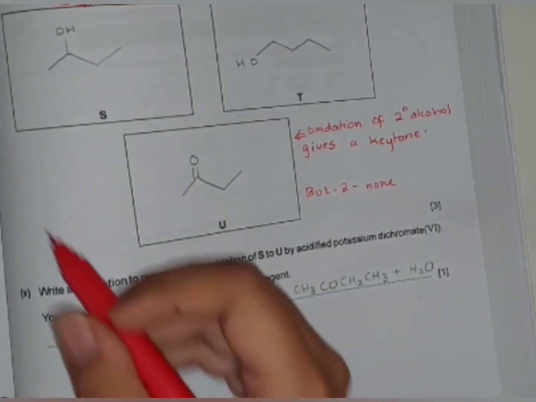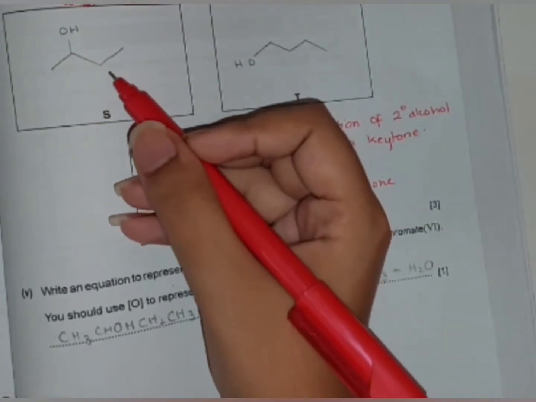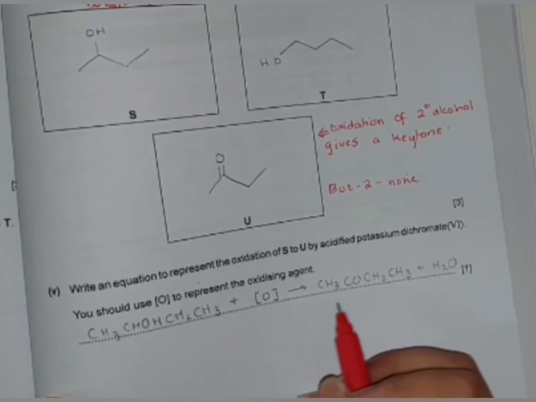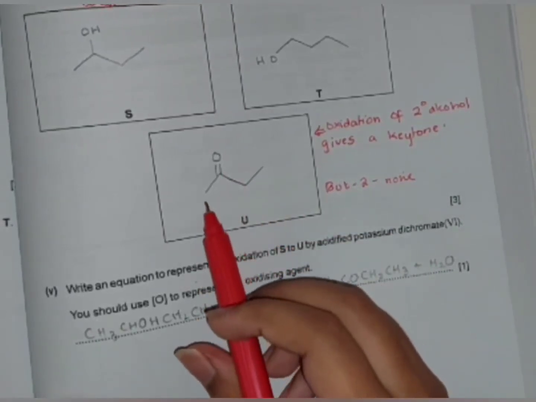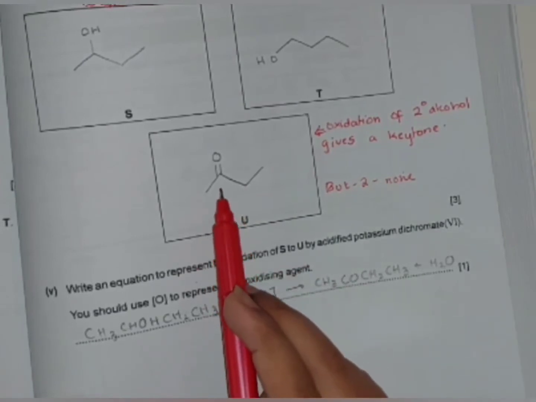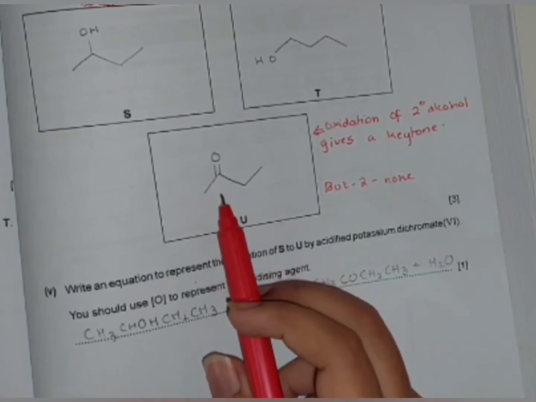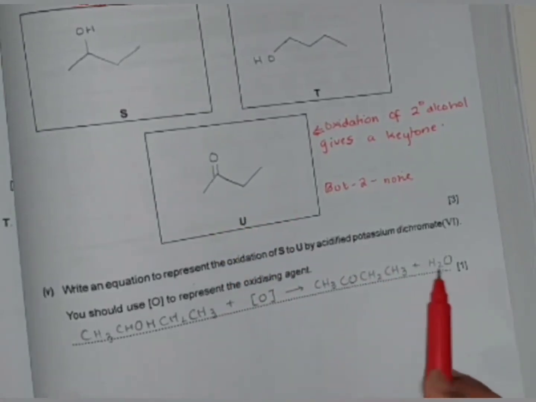You can write CH3, CHOH, CH2, CH3, like this, and then an oxidizing agent, and then we're going to write U compound, which is CH3, C double bond O. You are not going to show the double bond, you're just going to write CO, and CH2, CH3. Plus, don't forget to write water.